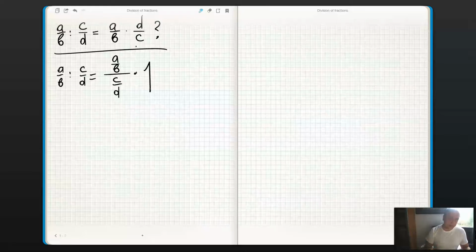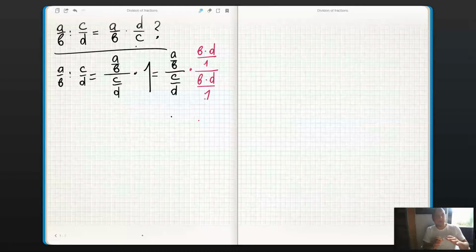And I can rewrite this one the way I like it, and I just prefer to write number 1 as B times D divided by 1 over B times D divided by 1. So it's a very weirdly looking number 1 that you see right now, but this is a good one for our purposes. You will see in a moment.